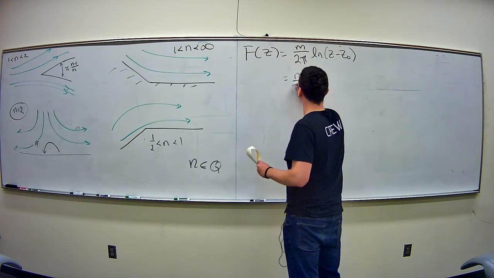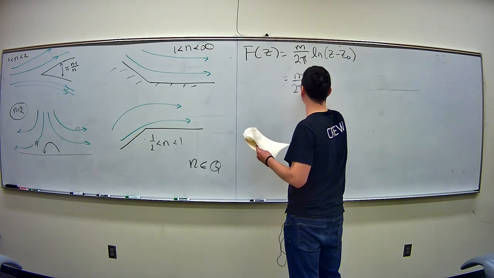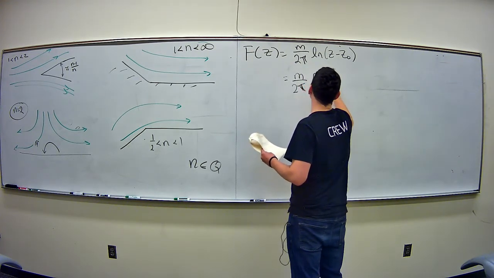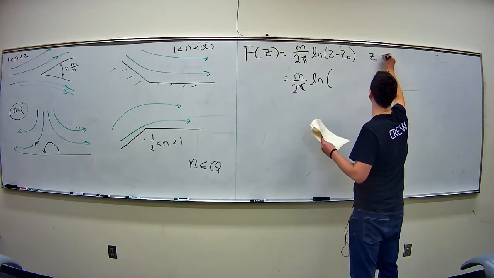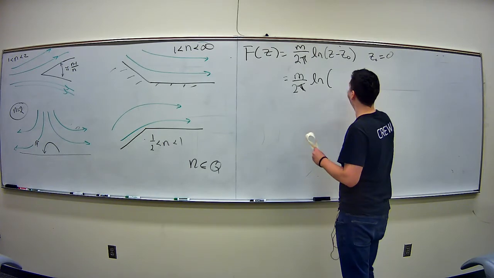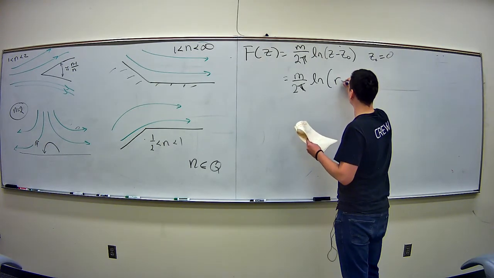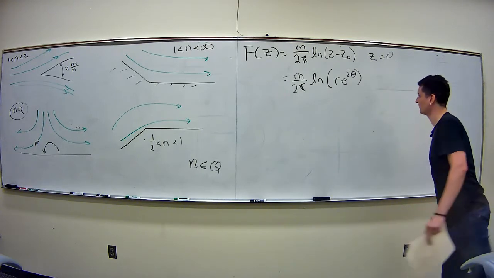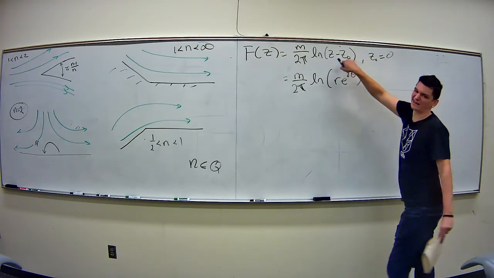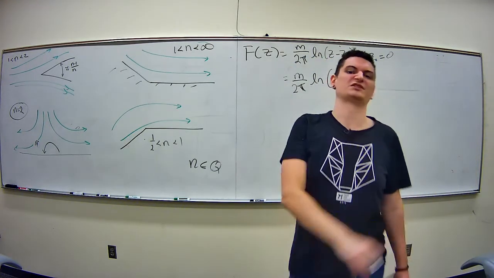Okay, so from here we have 2 pi. Oh, I wanted to talk about this idea of a reference point. Make it 0 actually, if I go to a radial situation here. This z naught is really just a scale.